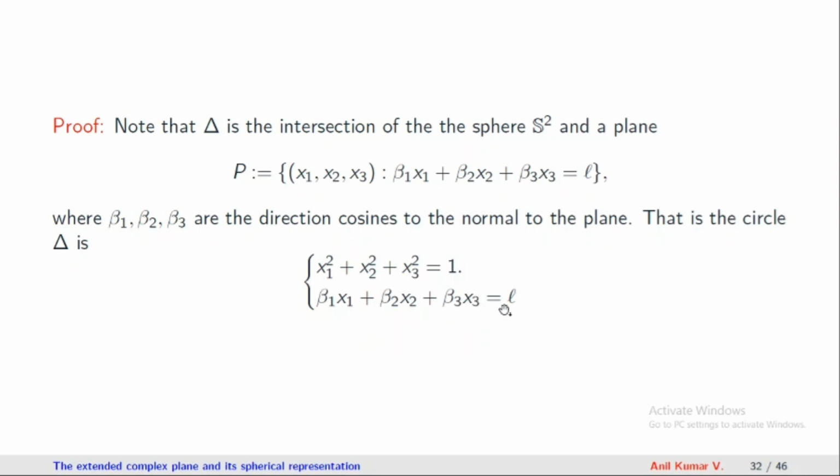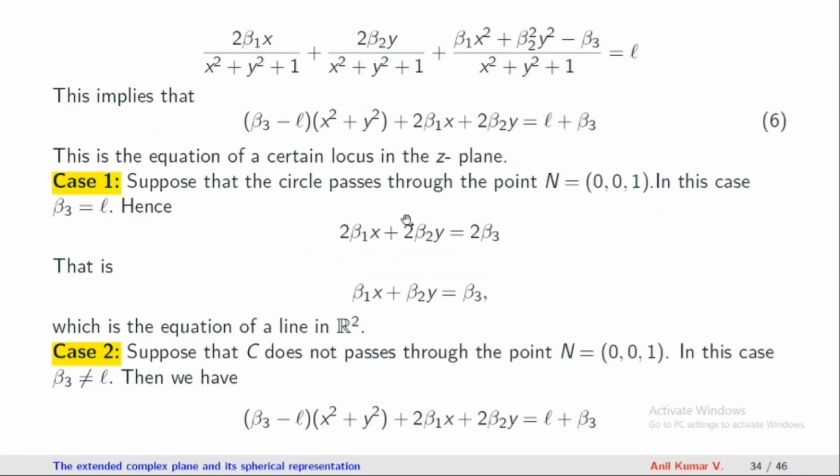So we get beta 3 is equal to L. So if the circle passes through the north pole, in this case beta 3 is equal to L. Hence this equation becomes 2 beta 1 x plus 2 beta 2 y is equal to 2 beta 3. Here L is equal to beta 3.